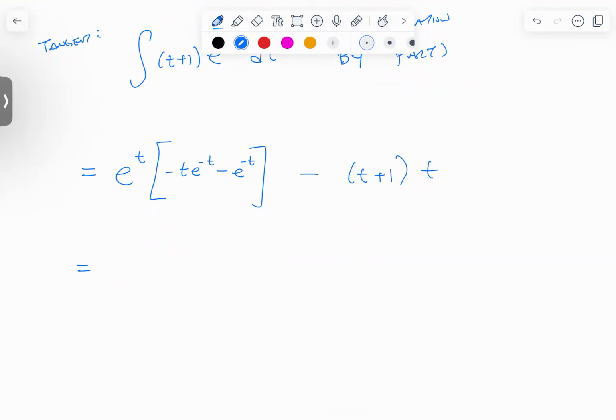So that by parts results in that. Then, all right, what do we multiply through? Then that becomes negative t minus 1 minus t squared, rainbow that through, minus t. This whole thing should then simplify down to negative t squared minus 2t minus 1.